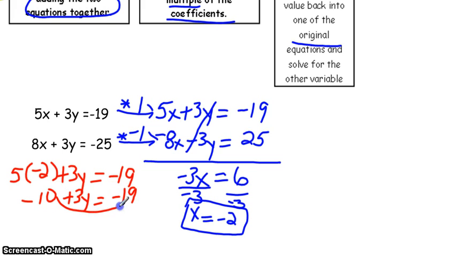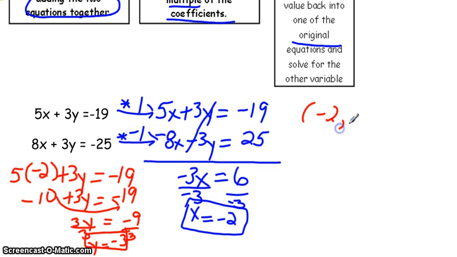I'm going to move the 10 over, which is going to give me 3y equals negative 9. I'm going to divide by positive 3. So y equals a negative 3. So it appears that my solution is negative 2, negative 3.